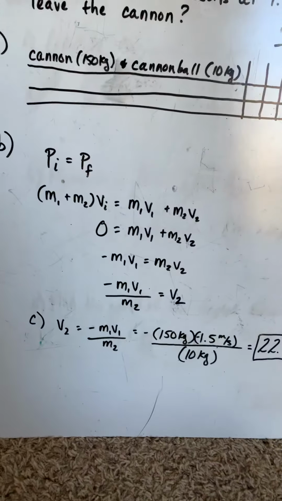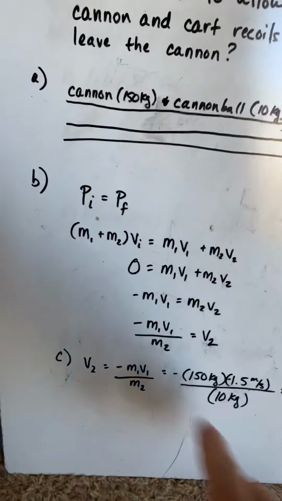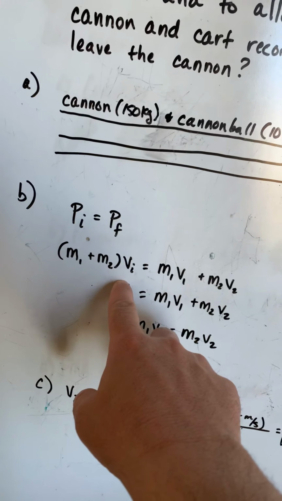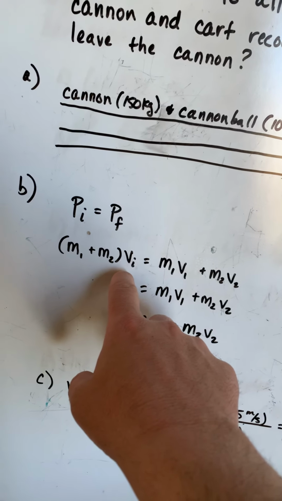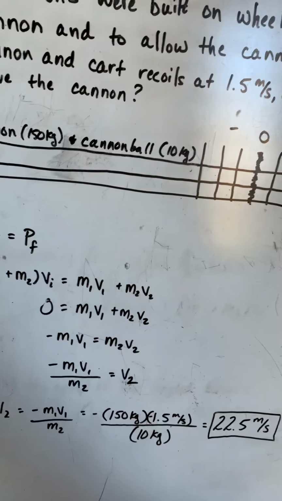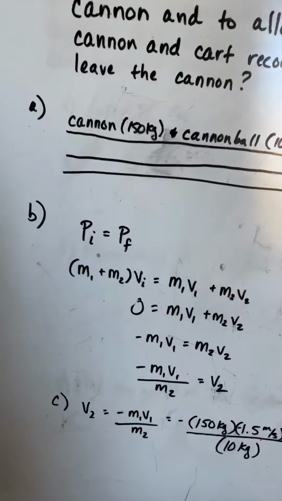So next, going to my conservation of momentum equation. My starting momentum has to equal my ending momentum. At the beginning, I have the two masses together at some initial velocity, and it was at rest, so we know that's going to be 0. And that'll be equal to the ending, and they end separate, so M1V1 plus M2V2.